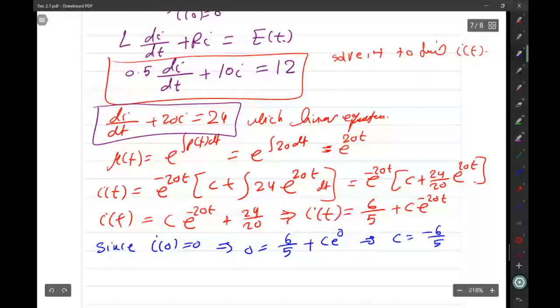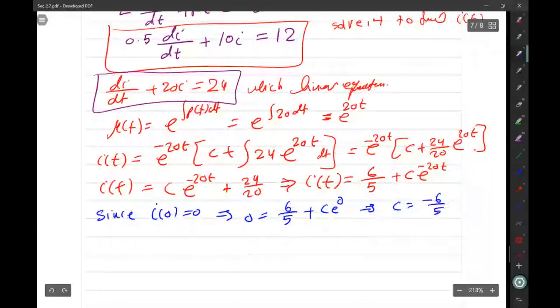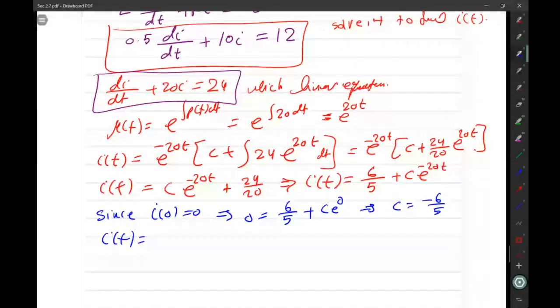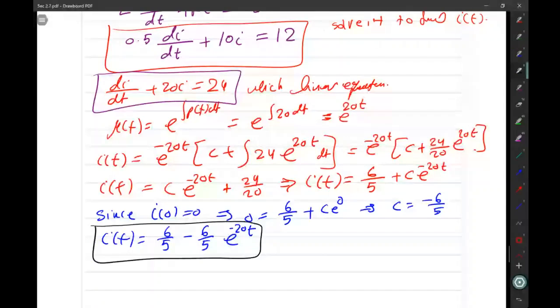Now substituted there, I of t becomes 6 by 5 minus 6 by 5 times e to the power minus 20t. So this is the equation of the current at any time t. This is the first part.